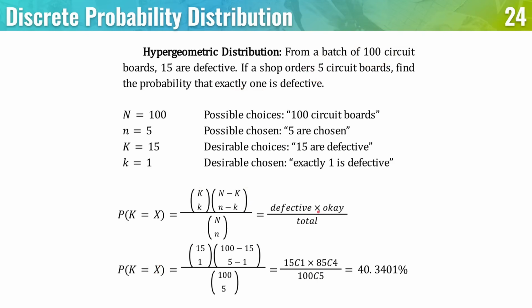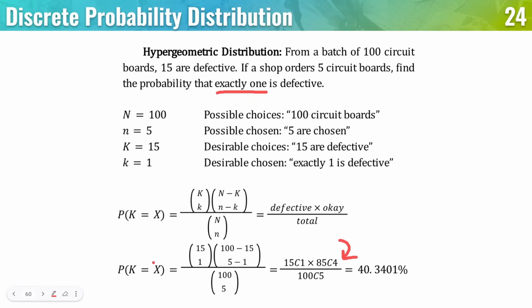So let's erase the ink. Okay, so this is our formula. Now, if you're writing it on paper, you can write it like this. But if you're using a calculator, you can write it using C, like earlier. So 15C1 times 85C4 over 100C5 is going to be 40.3401%. That's only for exactly 1 defective.